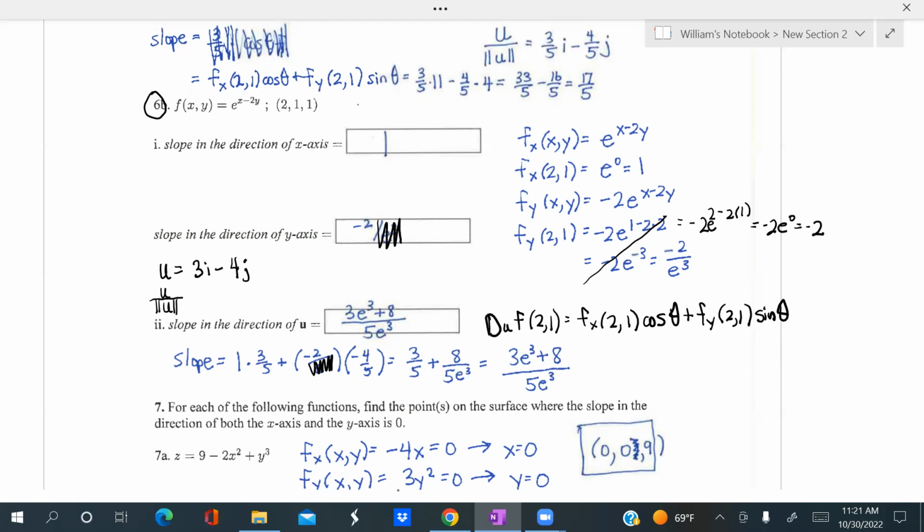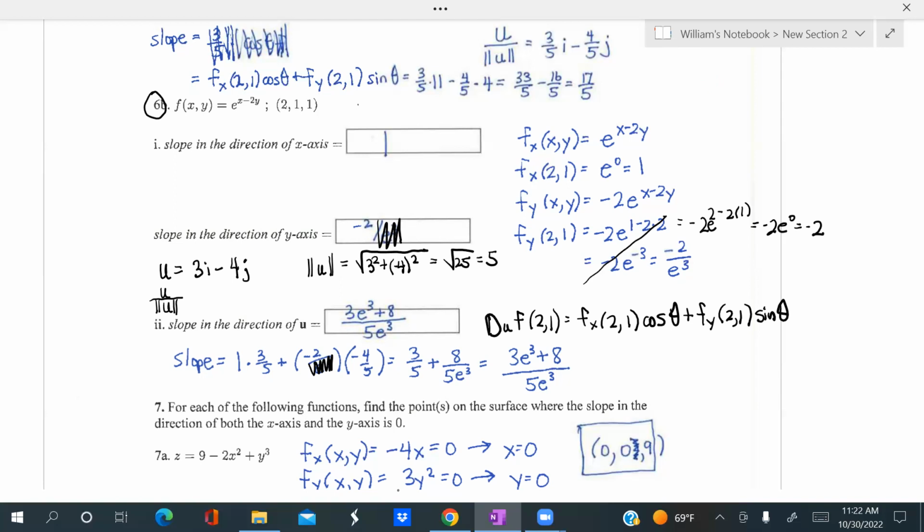Then we can just read the cosine and sine of the direction of the vector u off of the coefficients for this normalized vector. So let's see, what is the magnitude of vector u? That's going to be easy. That's going to be the square root of 3 squared plus minus 4 squared, which is the square root of 25, which is 5.